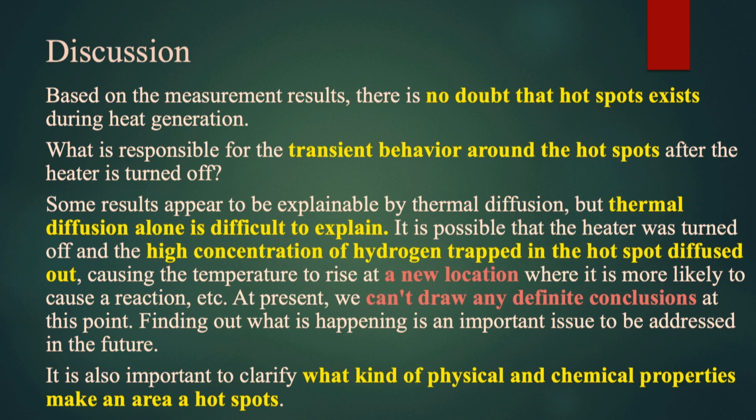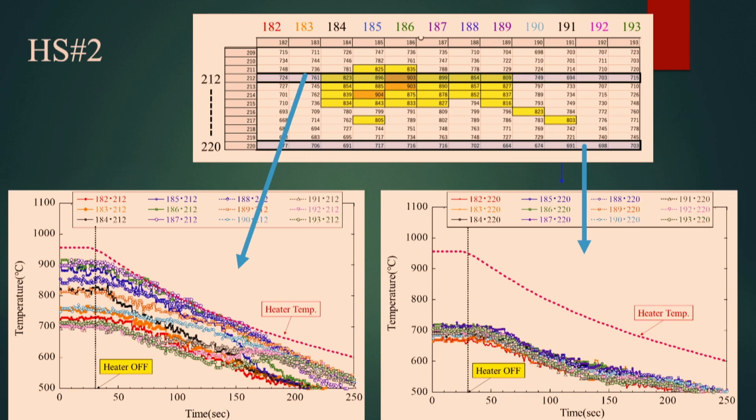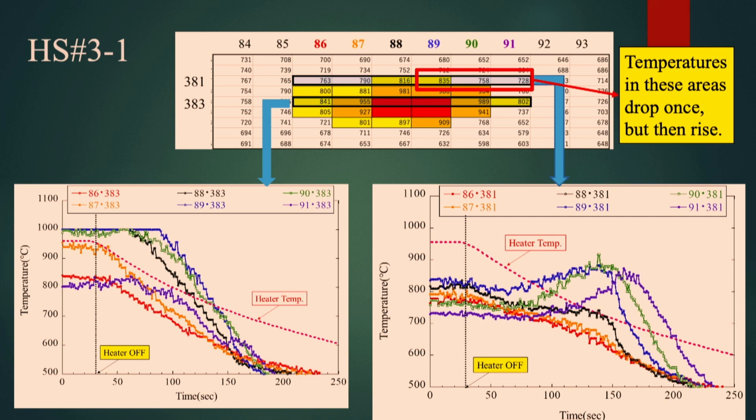Some results appear to be explainable by thermal diffusion, so the hotspot heat diffuses towards the surroundings. But thermal diffusion alone is difficult to explain, as I showed in this data and this data.